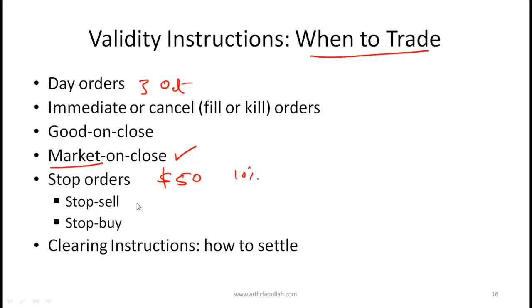So you can put a stop sell at $45. This means that if the stock price starts going down and it hits 45, then you are telling your broker to sell and limit your loss at 10%. Obviously, what you are hoping for is that the stock price goes up and you never really have to sell at 45.